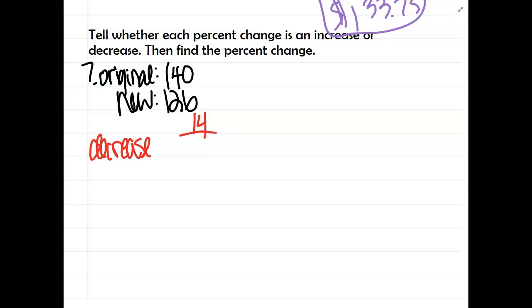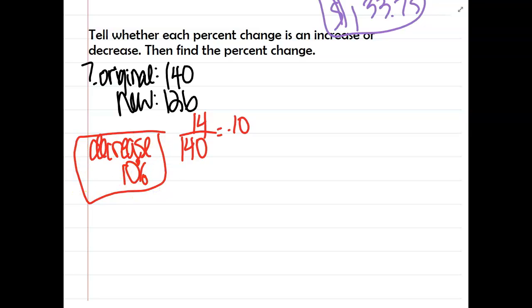Big thing here, guys, you have to put the original in the denominator, so it's going to be over 140. Now, when you divide those, you're going to get 0.10. This is not a percent. I need it as a percent, so I need to change it to a percent. That's a 10% decrease.